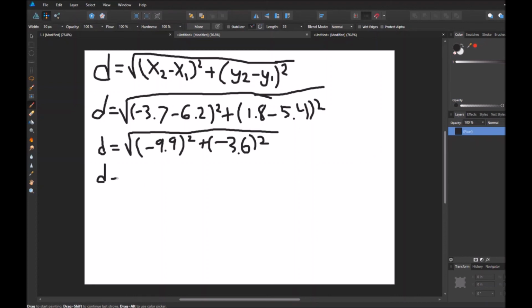So then we have to do -9.9 squared, which is probably going to be 81.81 if I had to guess. No, it's 98.01. That's why you should use a calculator for problems that you don't know off the top of your head.